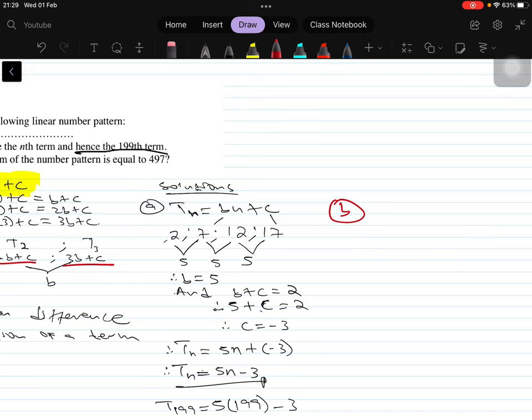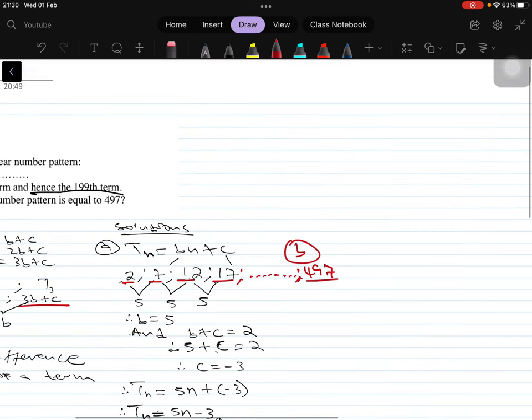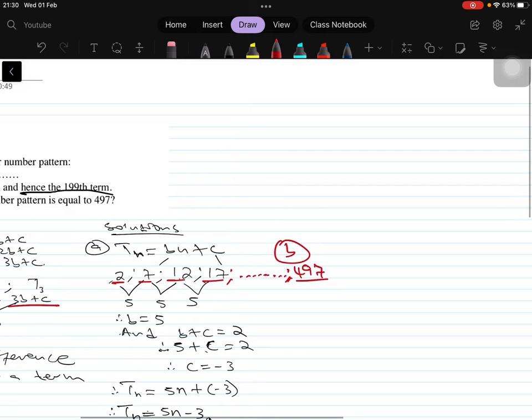So what they are asking us is, in this very same number pattern, if we keep writing these numbers or the values or the terms until we get to 497, if you were to count them from the first term, term number 1, term number 2, term number 3, term number 4, until this, what would be the counting at this point when you get to 497? That's pretty much what they're asking.